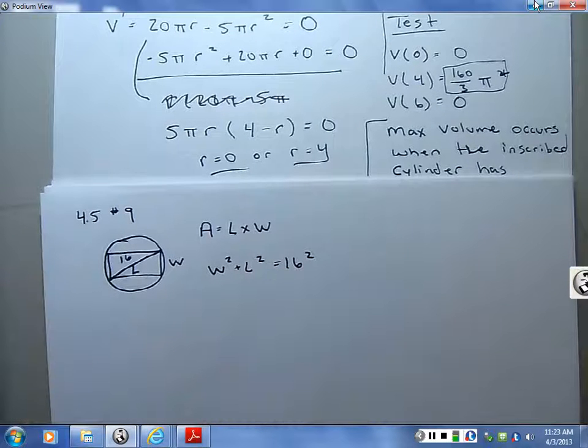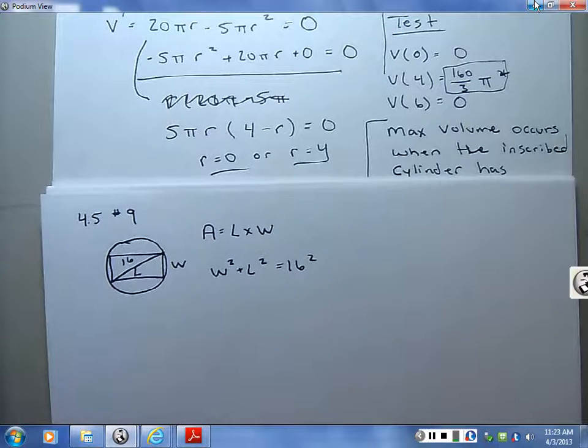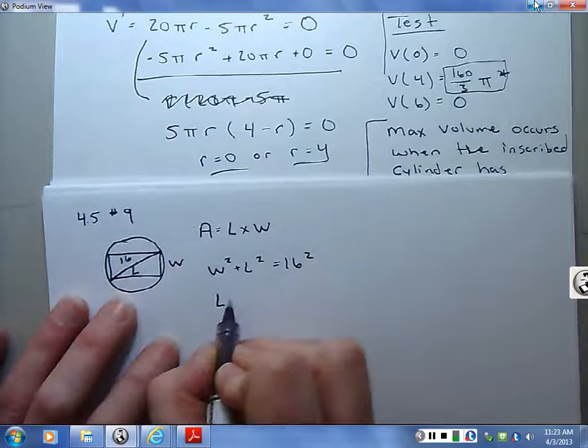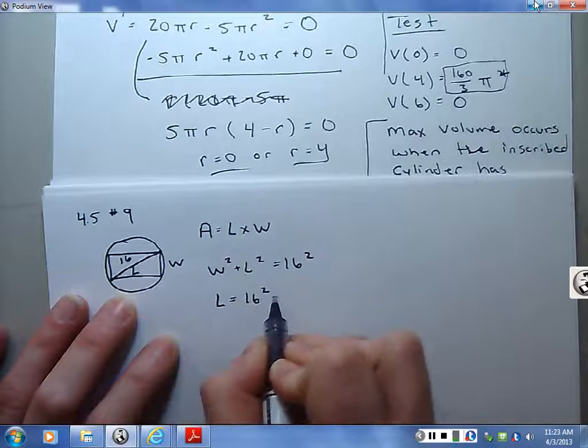Two equations, two unknowns. You always need that second equation because now I can solve for W or L in terms of the other one, plug that back into my area function, differentiate that, set it equal to 0, and then maximize or minimize it. So which one do you want to solve for? Length. So the length here is going to be the square root of 16 squared minus W squared.